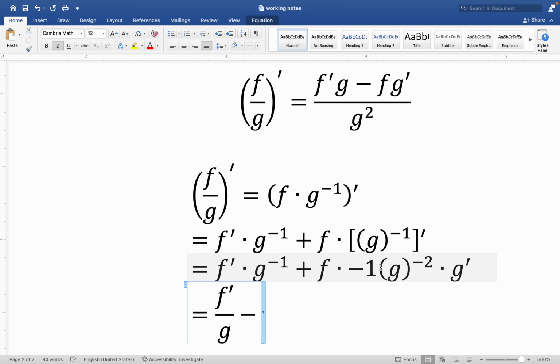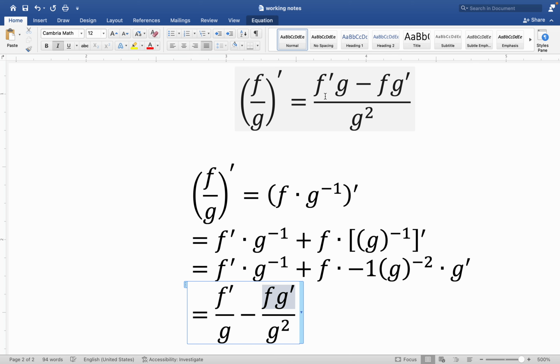And then because of this g to the negative 2, I know I'm going to have a fraction, so let me make a fraction bar. What's in the bottom? I think the only thing in the bottom of the fraction is just the g squared coming from this term here. And then what's left on top? Well, I've got the f and I've got the g prime. So let's put those on top, fg prime.